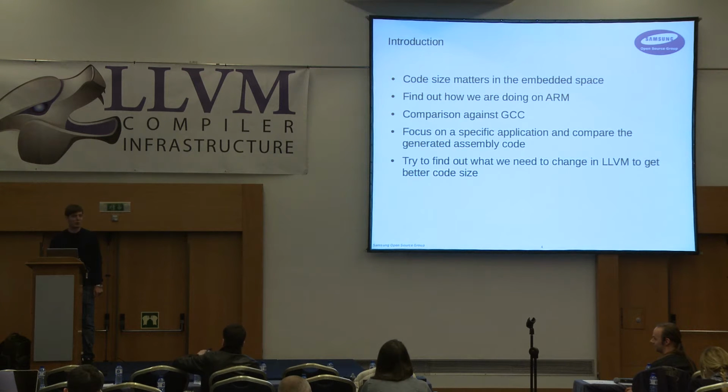So the goal of this talk is to take a real-world application where code size matters, and then just compile it with Clang and GCC, and then have a detailed look to see where we can improve on the LLVM side.